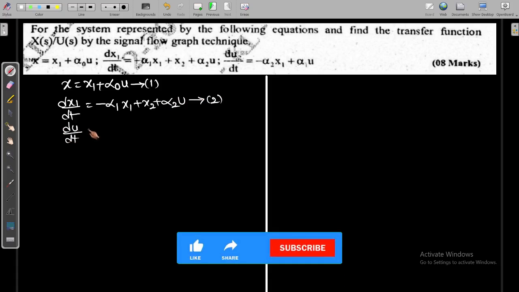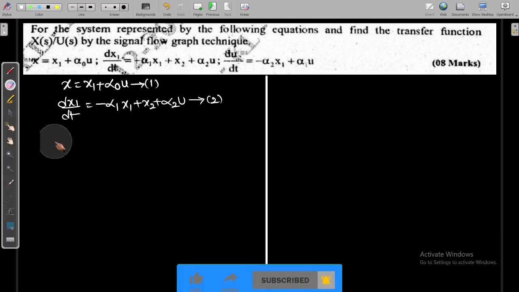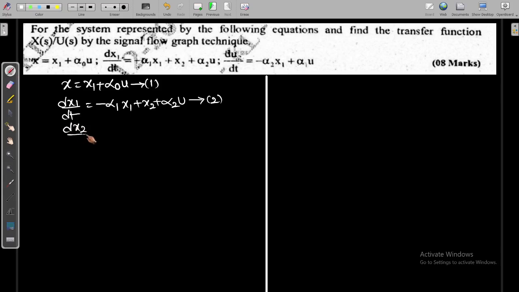The second one is dx1 by dt is equal to minus alpha 1 x1 plus x2 plus alpha 2 u. The third equation is dx2 divided by dt is equal to minus alpha 2 x1 plus alpha 1 u. So this is equation number 3.